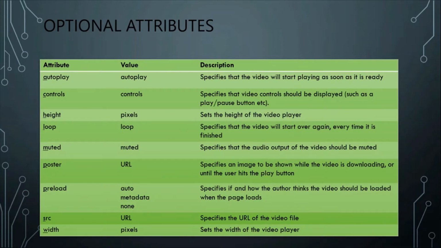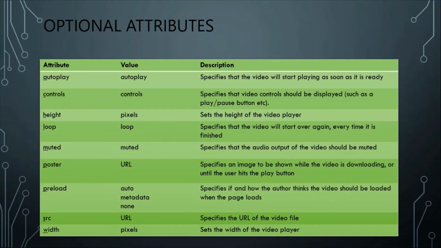So when we run the code after putting the path in the poster attribute in the video tag, it will show the particular image that is the source of the poster attribute. That image will be displayed until the user hits the play button, and it will show while the video is downloading.